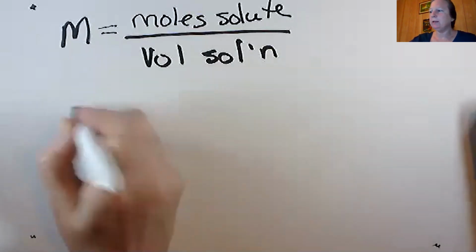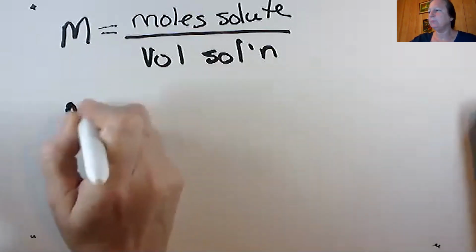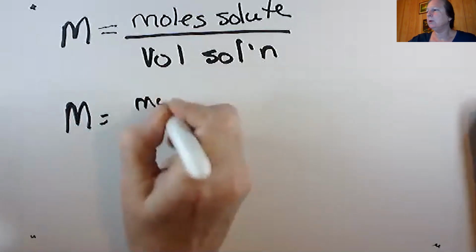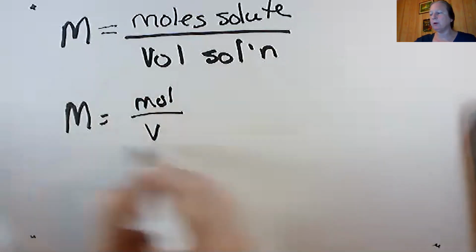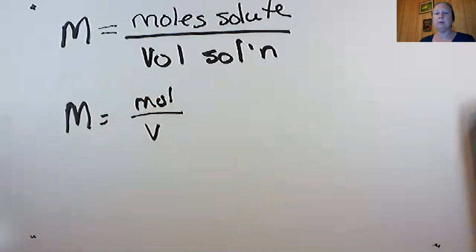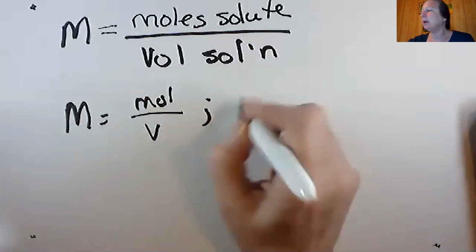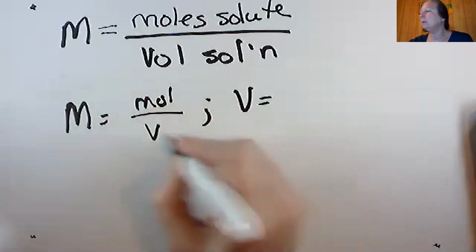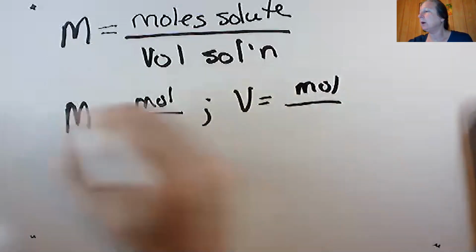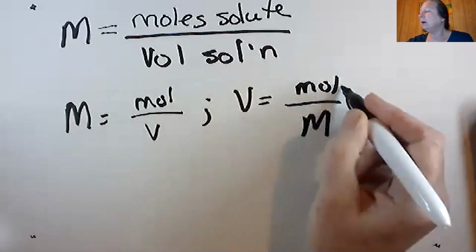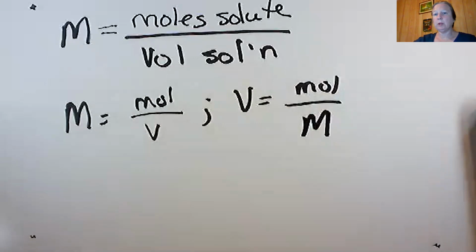And so we write this as moles over liter, or moles over volume. Remember that for molarity, volume is liter. You can also rewrite this. I can solve for volume by rearranging my equation: the moles of solute over the known molarity.